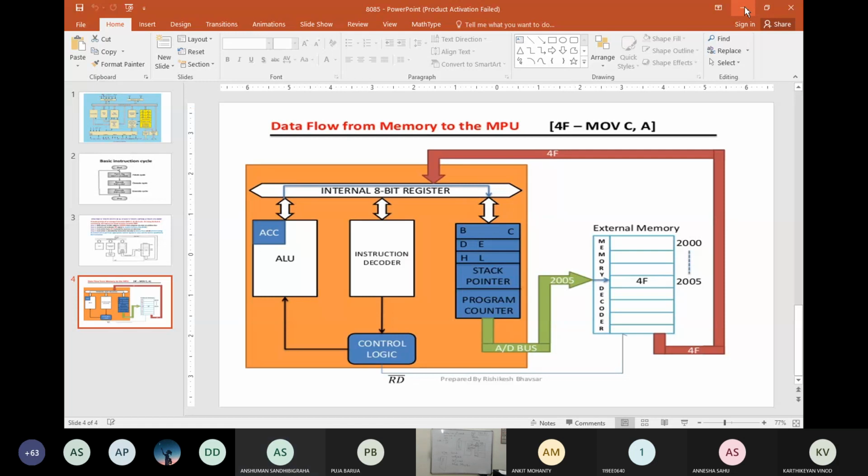No, ma'am. Fine. So here it is. Kaluna, Pooja, Arpita, what happened? No doubts at all. You should be at least asking me what is the opcode. Opcode stands for what?